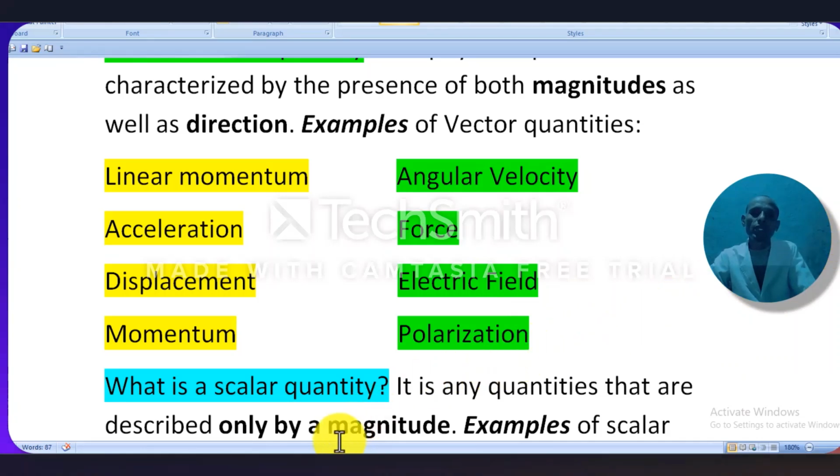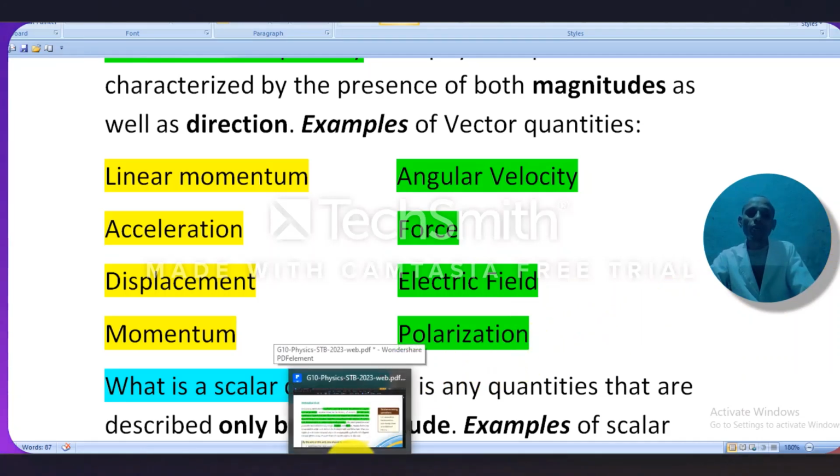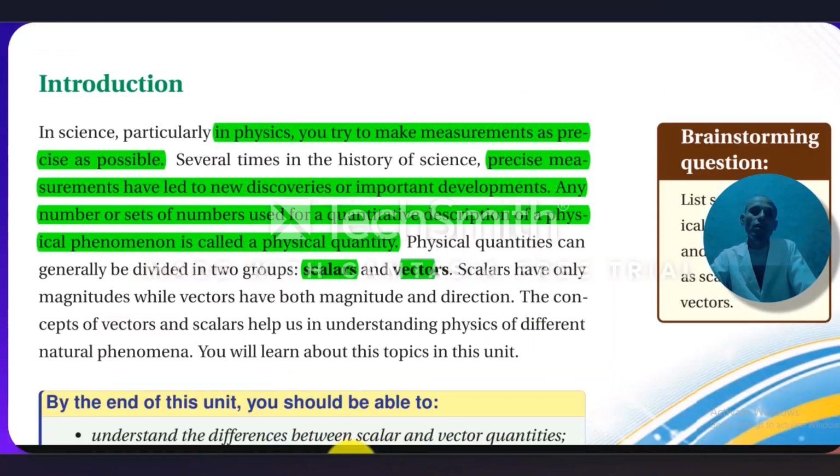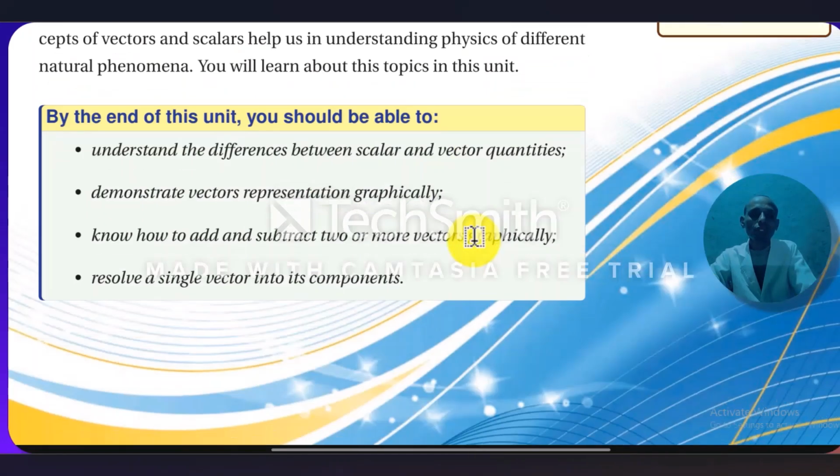We discuss the types of physical quantity. Physical quantity is divided into two subcategories: scalar quantity and vector quantities. Scalars have only magnitude, while vectors have both magnitude and direction.